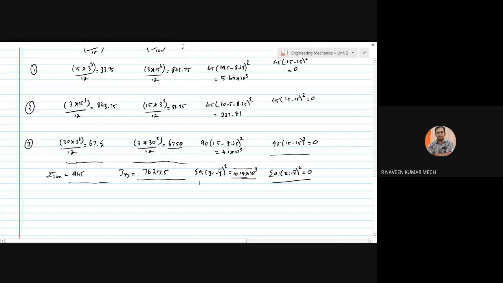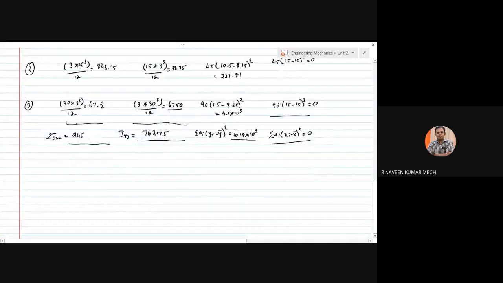So now we can apply the formula. Ixx, that is the moment of inertia about the x-axis, is equal to summation of Ixx plus A, since we are having multiple areas, summation of Ai (yi minus y bar) whole square.